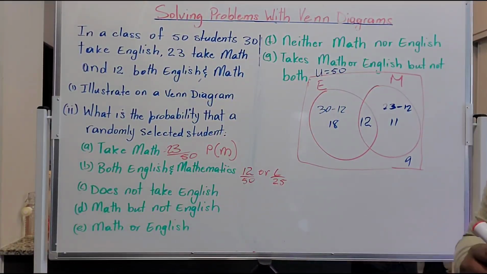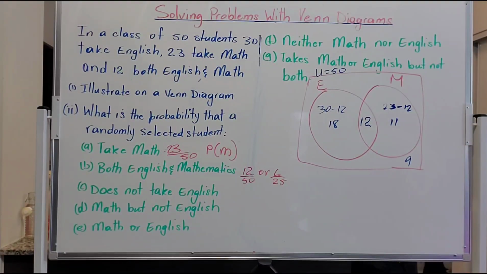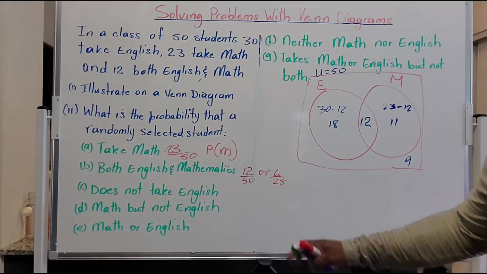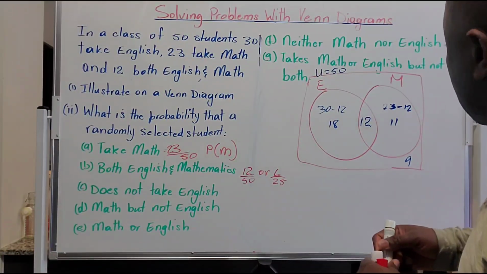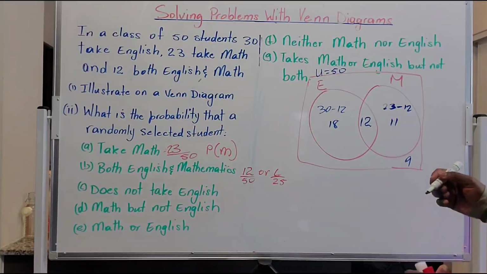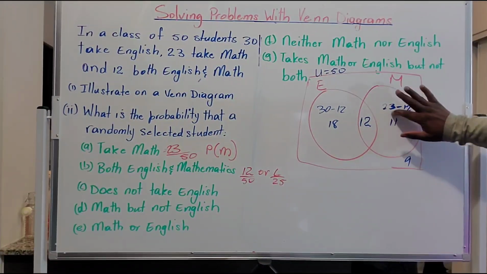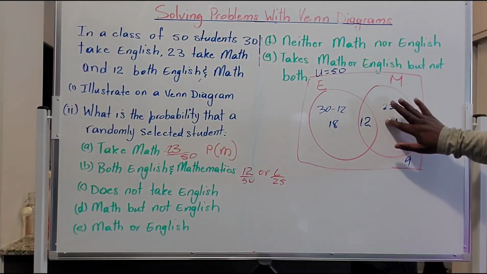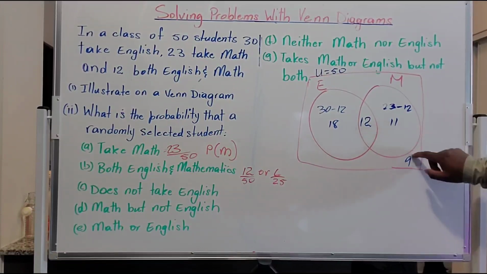Does not take English. So look at it carefully. How many students do not take English, guys? So we have to look at these students who are not a part of English. So already we know that there is 11 here who are only doing math, and there are 9 that are not doing any of these subjects.